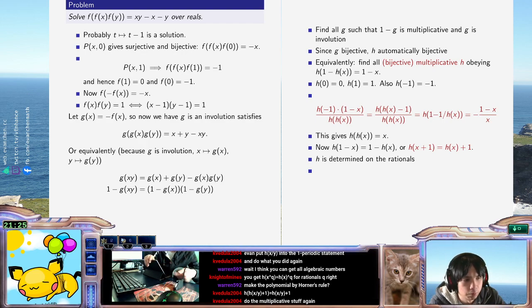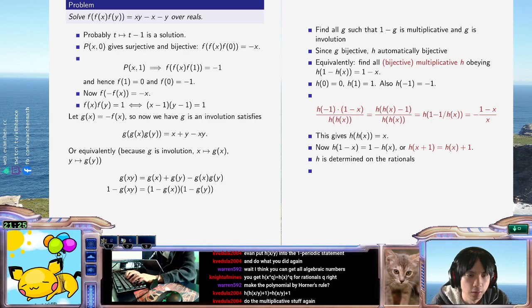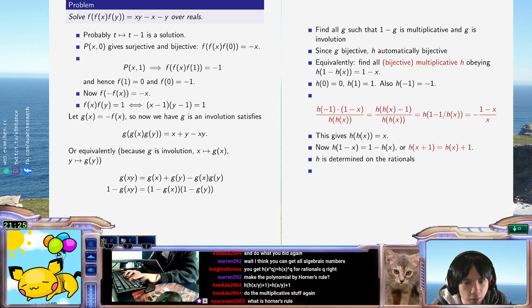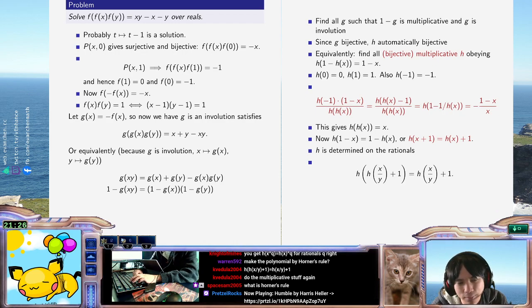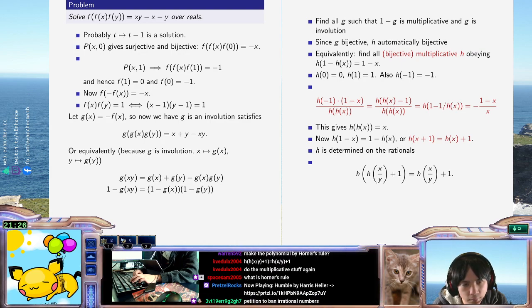Make the polynomial by Horner's rule. Okay, so we're trying to get additive. Oh, yeah, okay, I see. Wait.